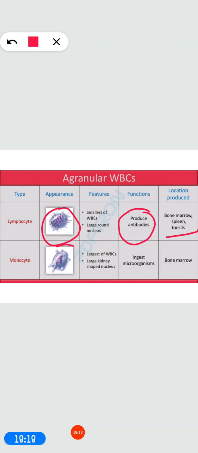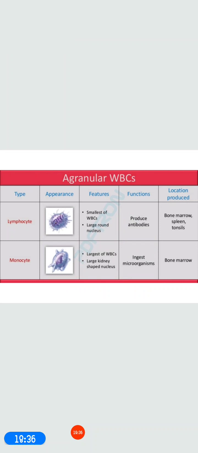And monocytes feature is largest of WBC, large kidney shaped nucleus and the function is to ingest microorganisms and location produced is bone marrow. This is the agranular WBC.